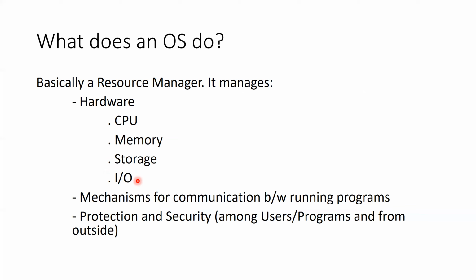If you're typing in Microsoft Word, then you want that particular input to go to Microsoft Word, not to the VLC media player or to the Hello World exe. So how is the input output routed to the correct program? Again, the operating system takes care of this. So these are some of the main pieces of hardware that we see are managed by the operating system.